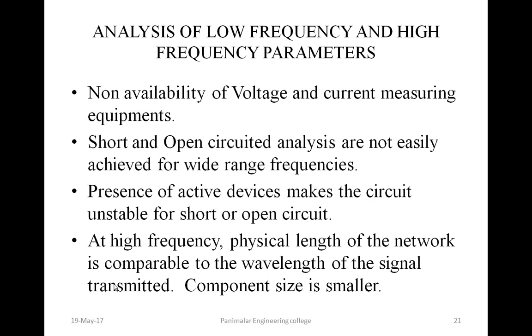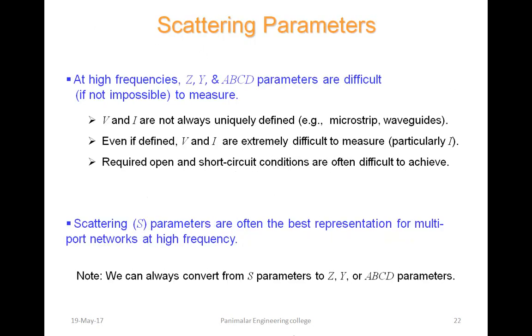So there is a linear relationship identified in the transmitted signal as well as in the received or the reflected signal. So this is the idea or the concept that is used in scattering parameters. With this idea, we will proceed to see how scattering parameters are implemented in the analysis of high frequency.